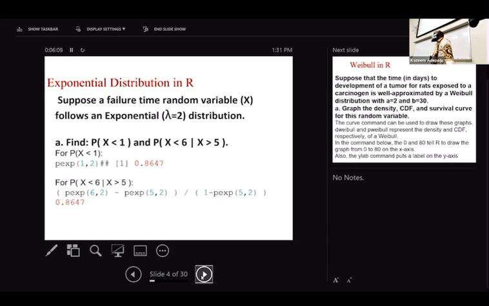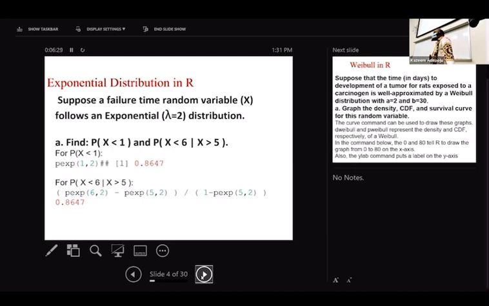Constant failure rate. It has what I call a memoryless property. It doesn't matter how long you've waited for the occurrence of an event. The distribution is going to be the same.